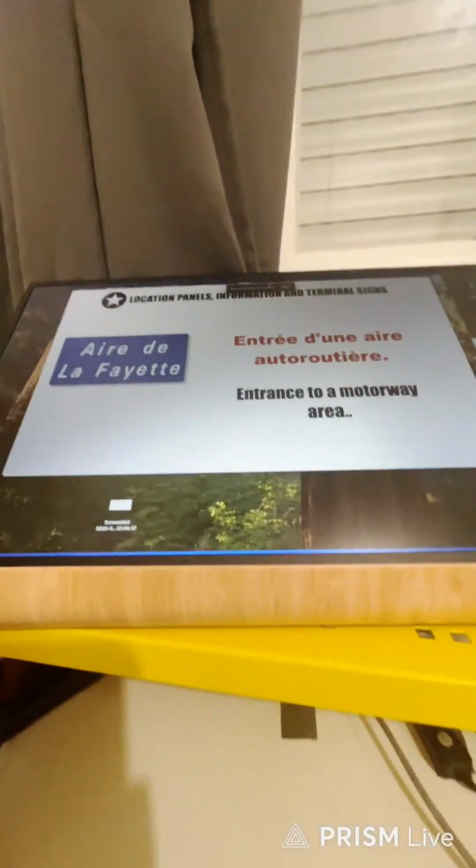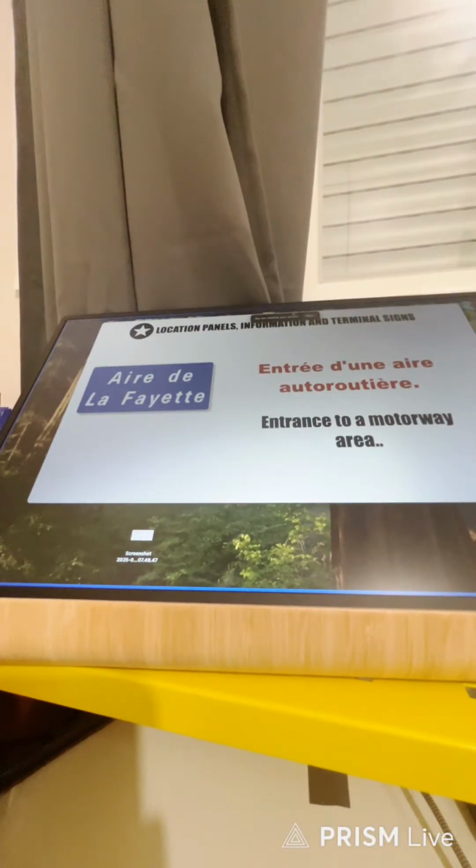This one is just an example, but the most important is this aire here. Majority of the time, this panel, you are going to see it on the autoroute.